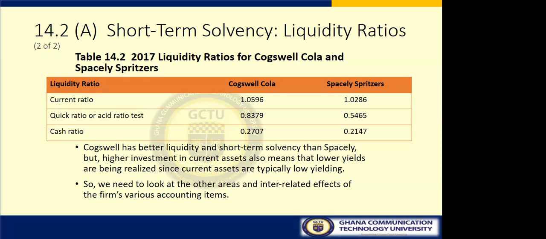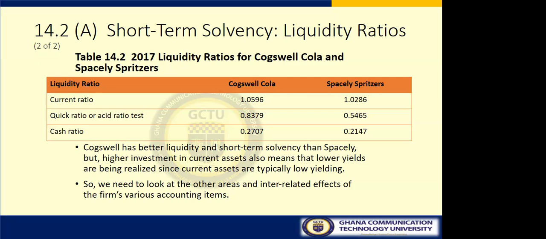Against the other one, Spritzers, I would say the first one is better than the second one because they were able to have more current assets against their current liabilities.